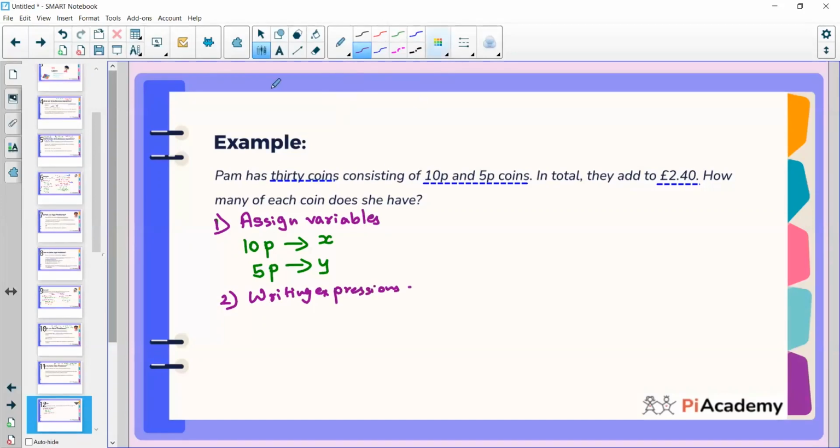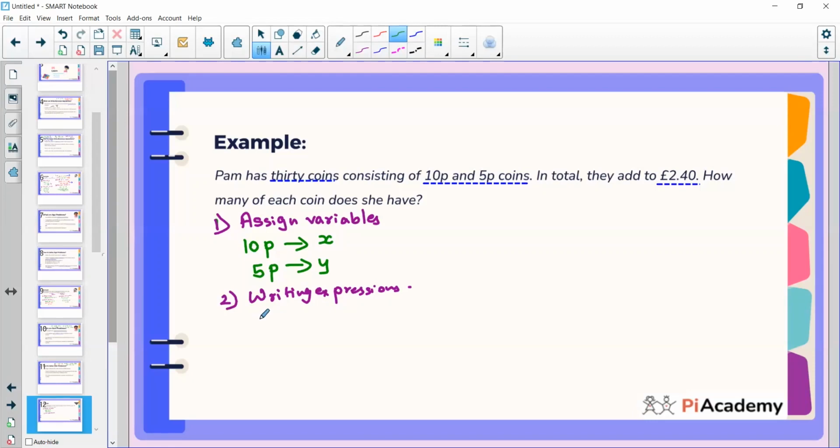Okay, now who can tell me what is the total value of x number of 10p coins? Yes, Binuka? Total value is £2.40. No, just x number of 10p coins.